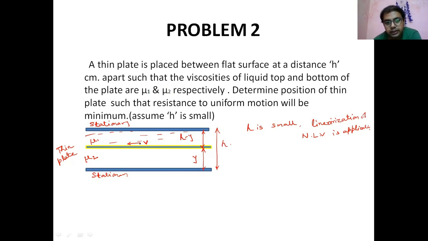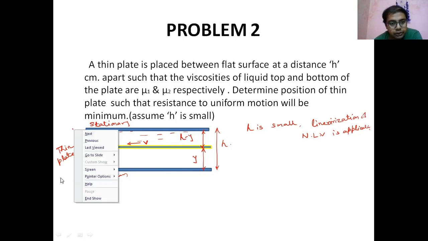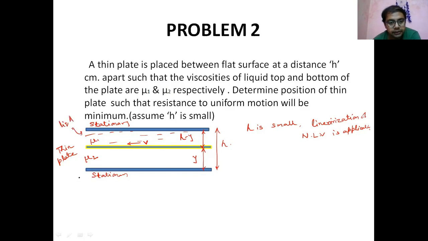For the shear stress due to the liquids, let us take liquid 1 and liquid 2, with mu1 and mu2.